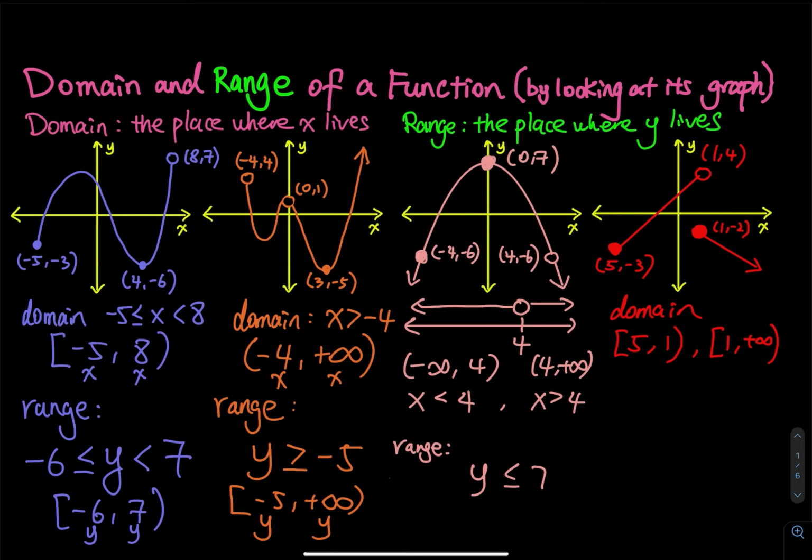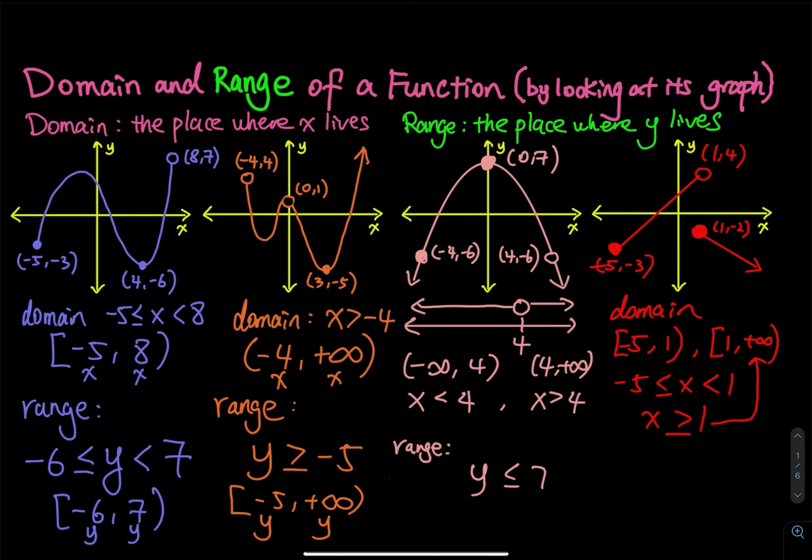Did I say negative? Negative 5 to positive 1. So that would be negative 5 less than or equal to x less than 1, and then x greater than or equal to 1. So that will be for the second piece.